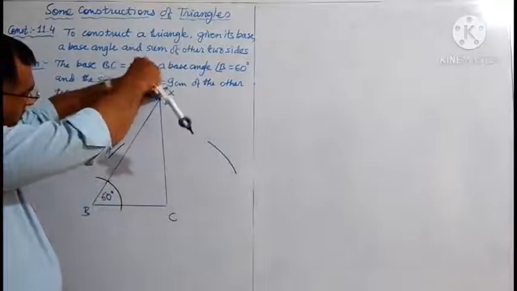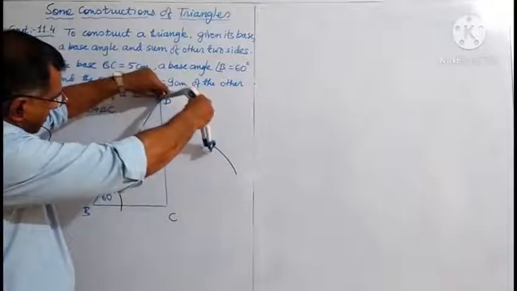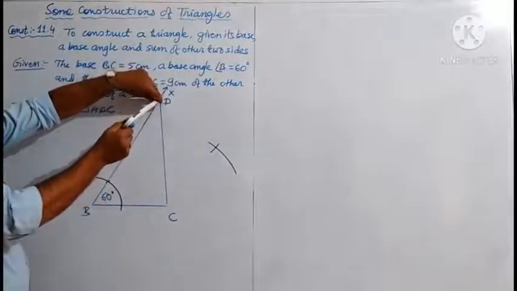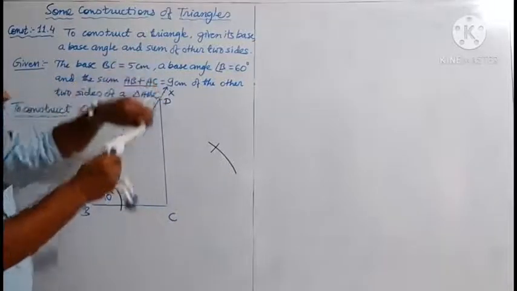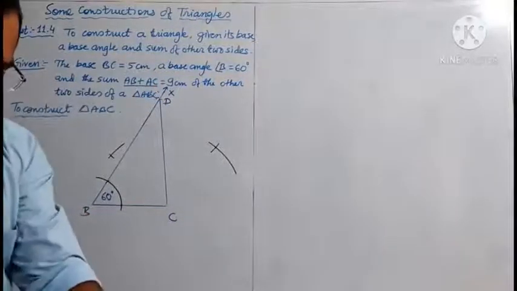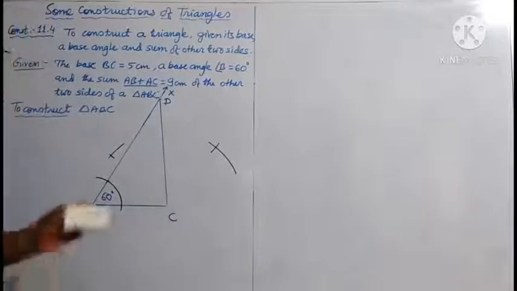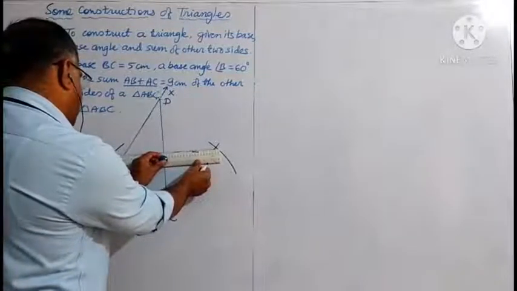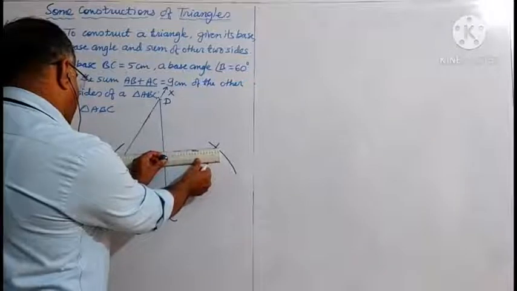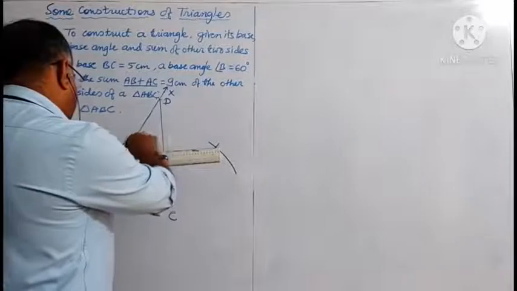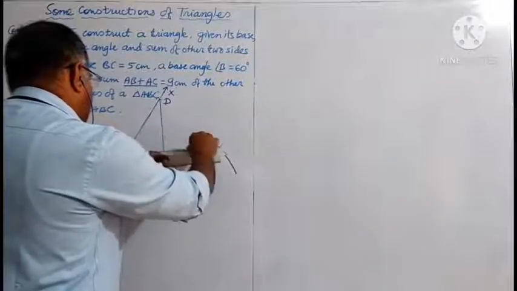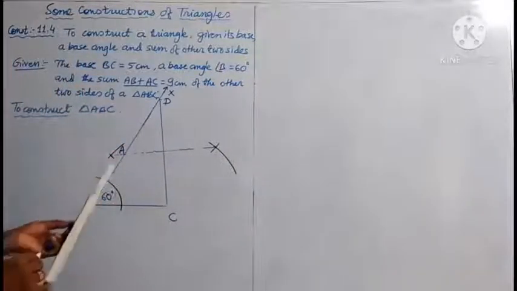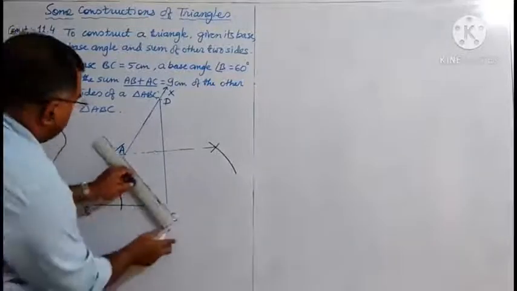Now taking this point as a center, now we can join this and we will get the perpendicular bisector of CD, which intersects BD at A. Join AC.